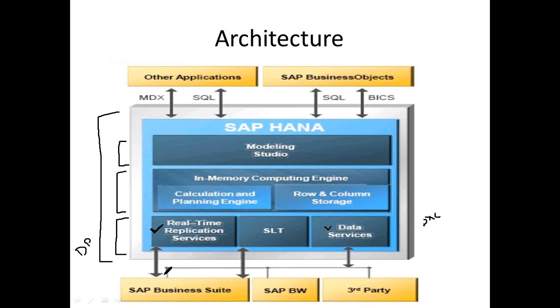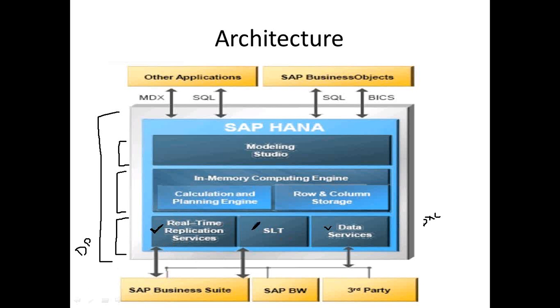This is when you want to move data from one database into SAP HANA database, and this is specifically done by SAP itself. The only downside to it is it cannot handle transformations. It is direct replication into SAP HANA.